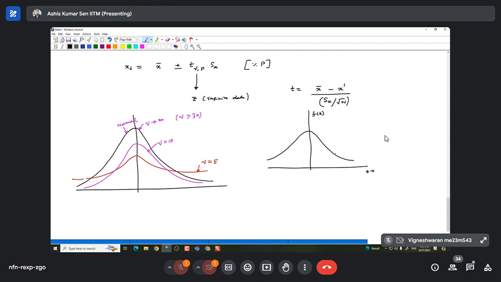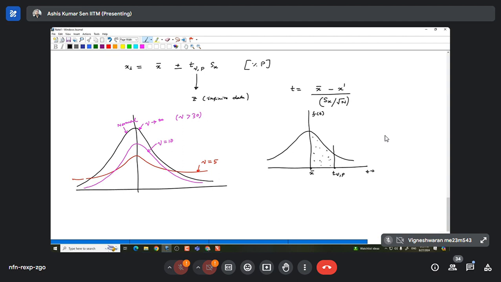If you want to know what is the probability that a measurement will lie between the central value, that is your x mean, and t nu p, that will be the area under this curve.